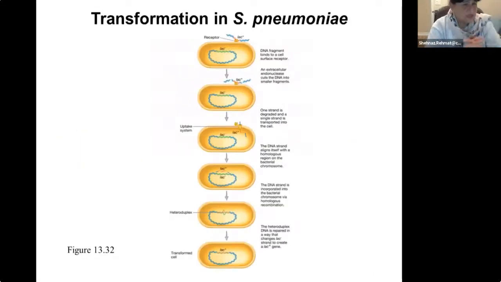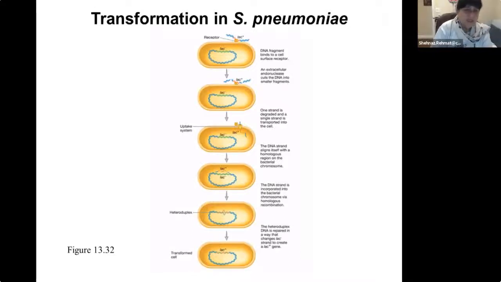If you look at transformation, that was first discovered by Griffith in Streptococcus pneumoniae, which is a gram-positive bacterium. This Streptococcus pneumoniae is naturally competent to take up DNA from the environment, which has been released by cells that have lysed, and the DNA is excreted into the environment.